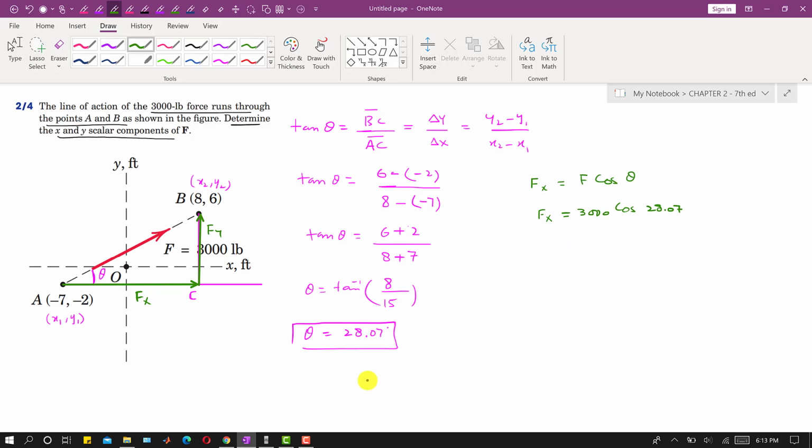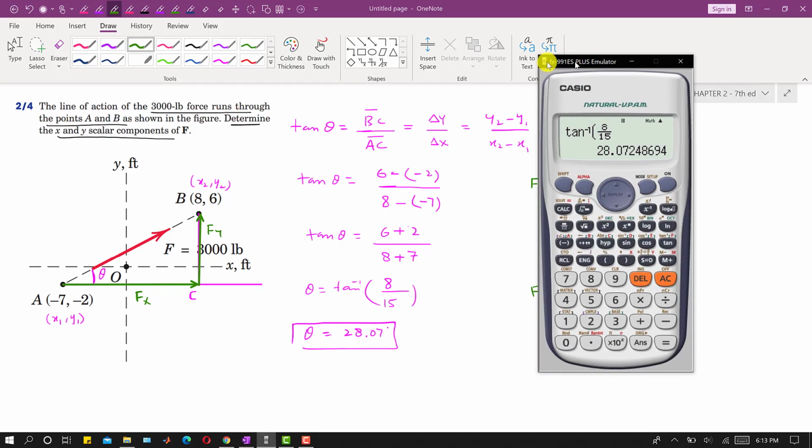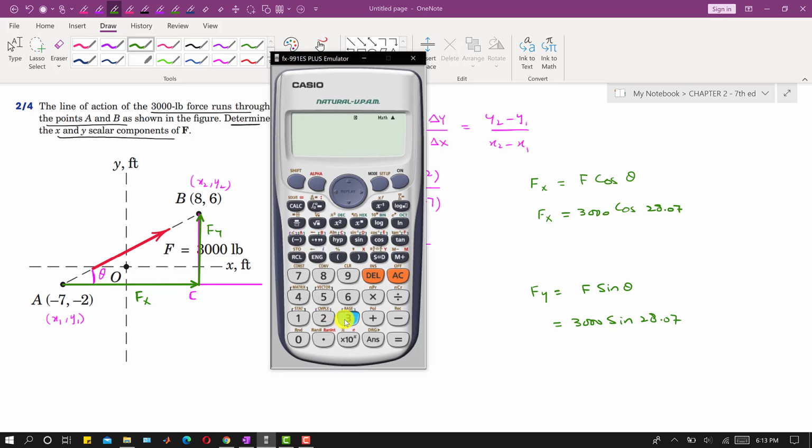Similarly, Fy will be the sine component, right? So Fy is F sine theta. So F is 3000 sine of theta. So theta is again 28.07. 3000 cos of 28.07 is approximately 2647, right?